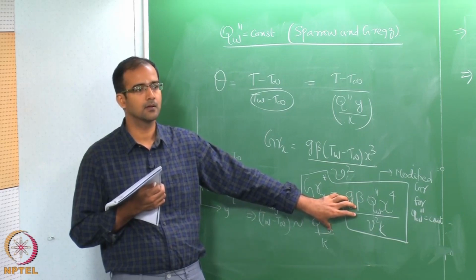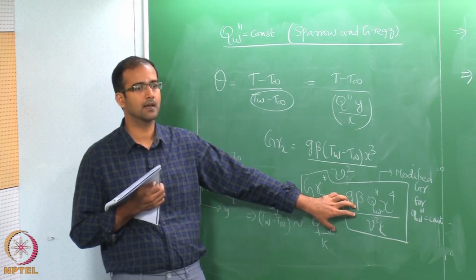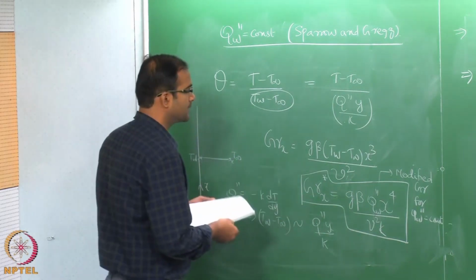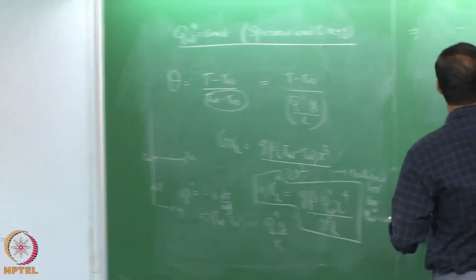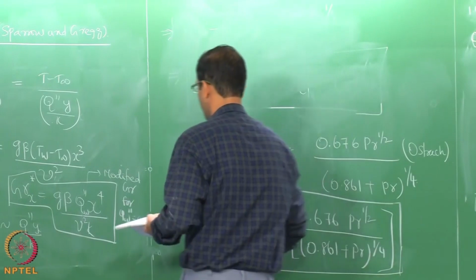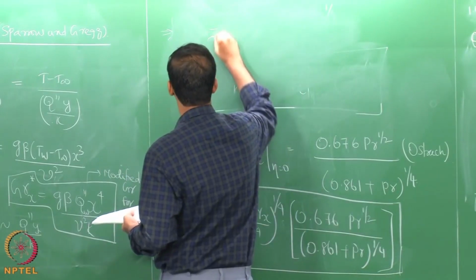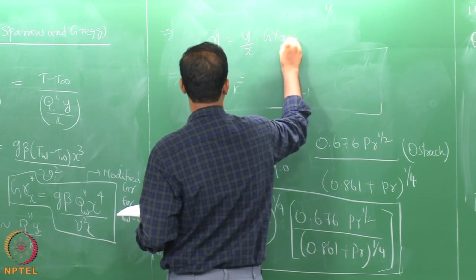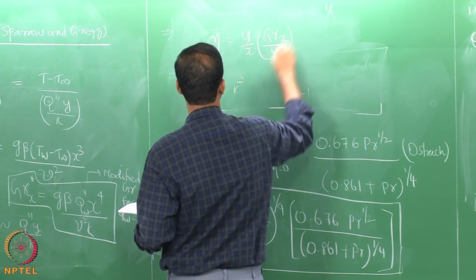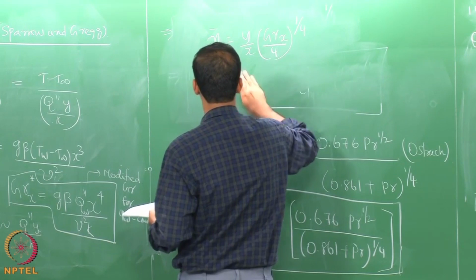So, this will be the starting point for defining the similarity variable. Once again, when you look at the similarity variable, what was the similarity variable in the constant wall temperature case? We have eta equal to y by x, your normal Grashof number by 4 raised to the power 1 by 4.